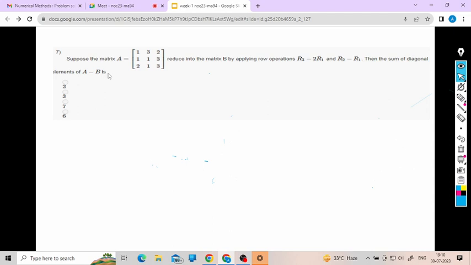You have to first multiply the elements of row 1 with 2, then subtract them from the elements of R3. So the first element you will get as 2 minus 2, so you'll get 0.